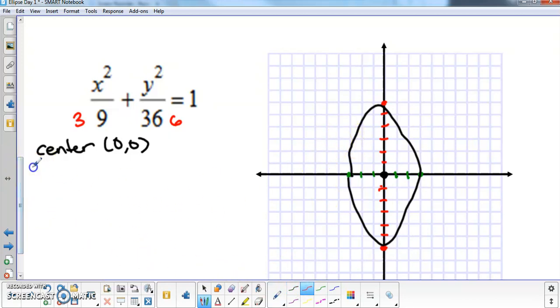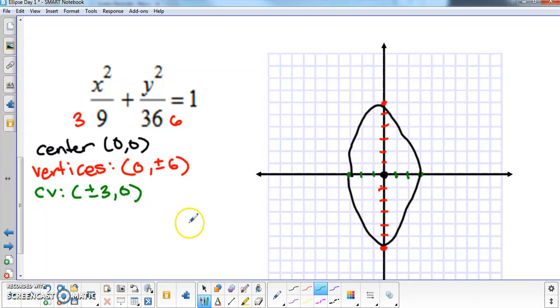All right. So my vertices, those are located at 0, plus or minus 6. My co-vertices are going to be at plus or minus 3 and 0.